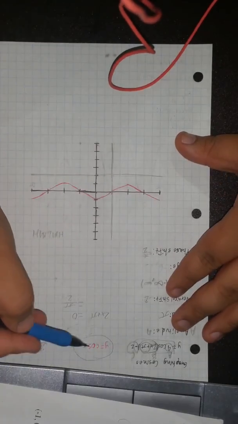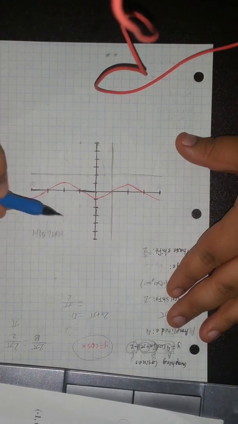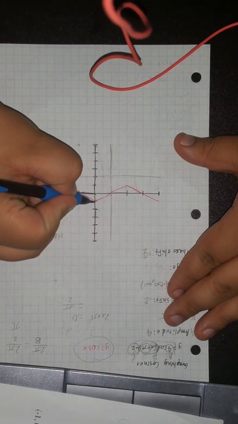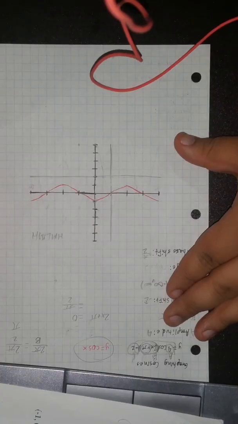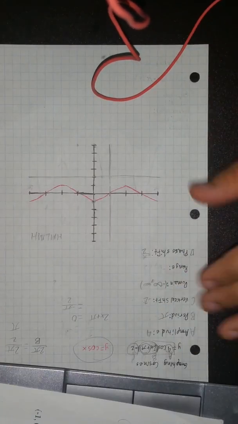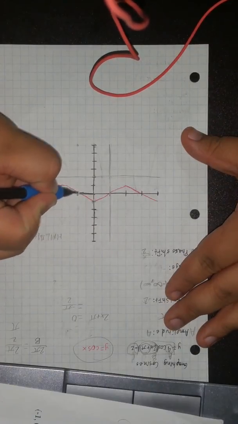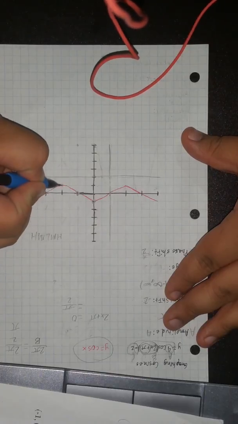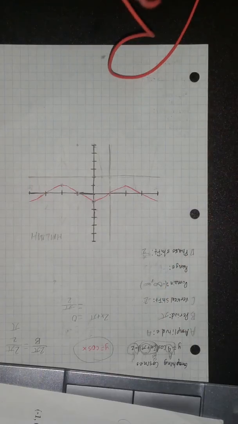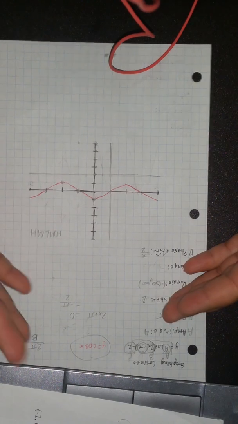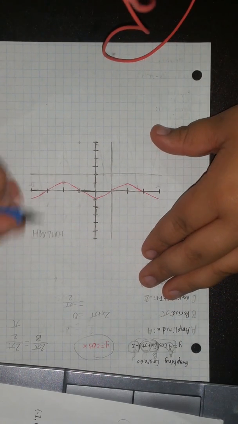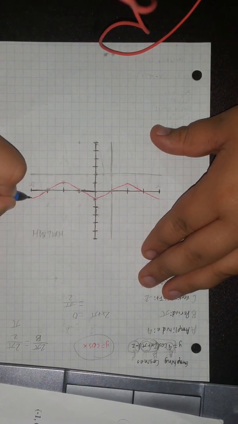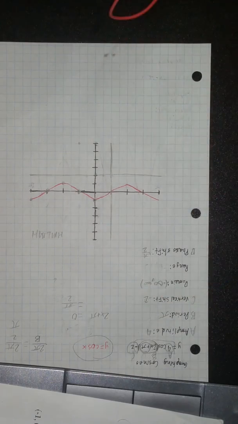As you can see from the parent function graphed here, the red line, you start at the highest point possible, which is, in this case of the original, 1. Then you go to the middle, which is on the x-axis. Then to the lowest point, which should be, in this case, -1. Back to the axis, and then back to the maximum.